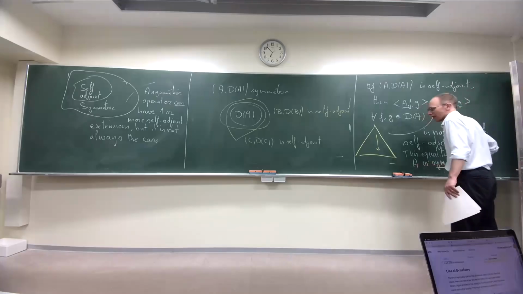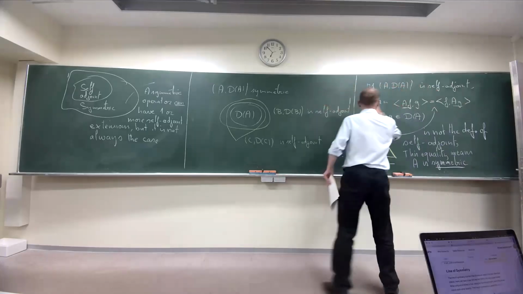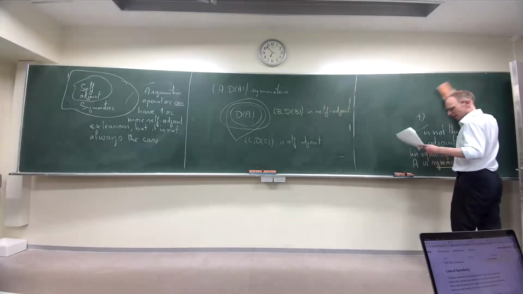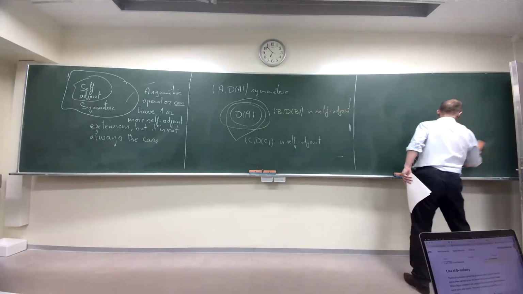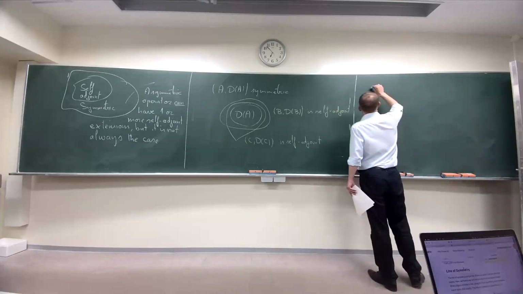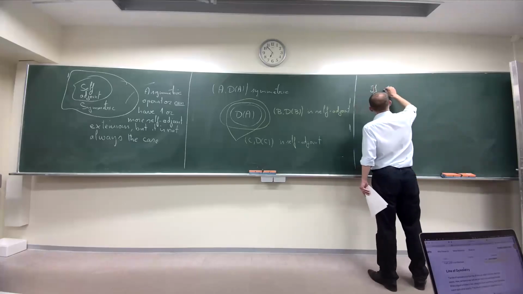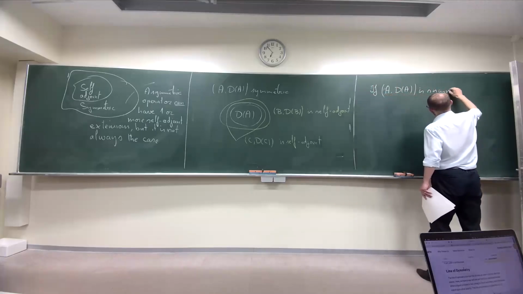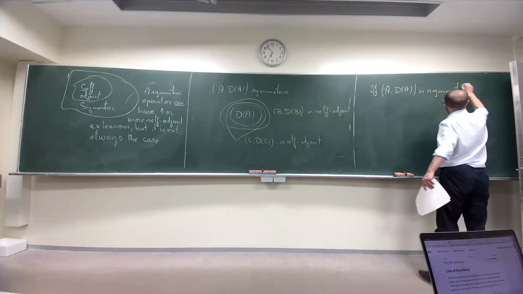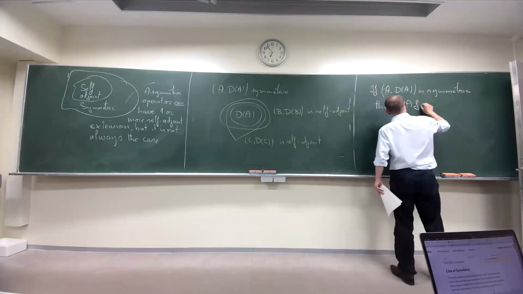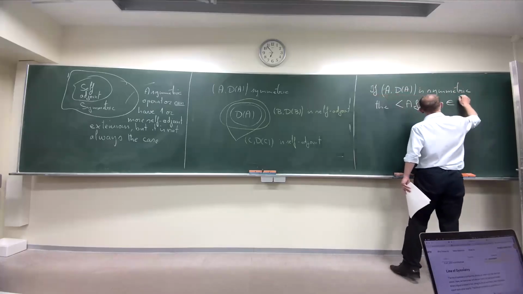So what is true, and this is also a little bit misleading, you can check it, and it will become even more clear later. If A, with domain D of A, is symmetric, so in particular if it is self-adjoint because it's a smaller set, then the scalar product of AF with F is a real number.